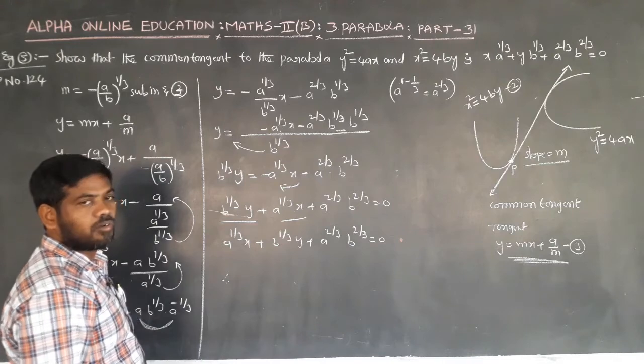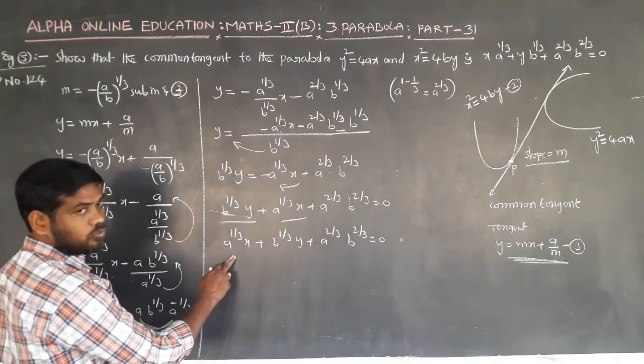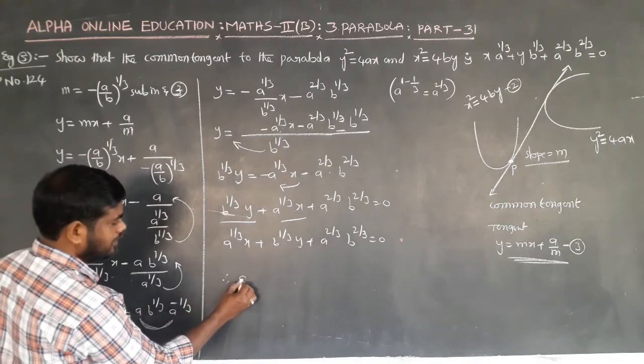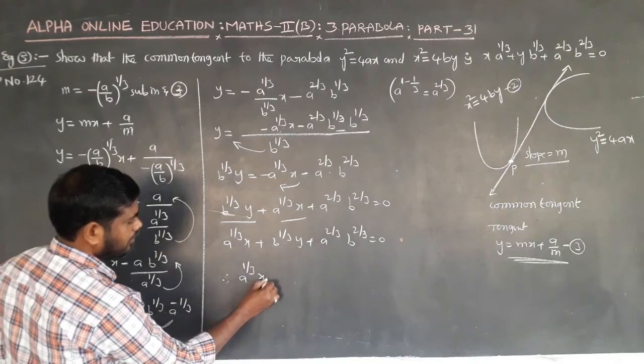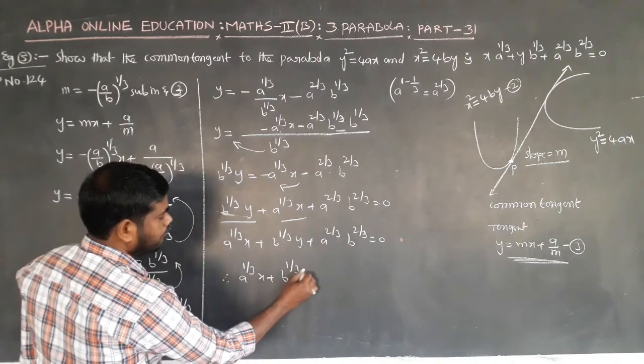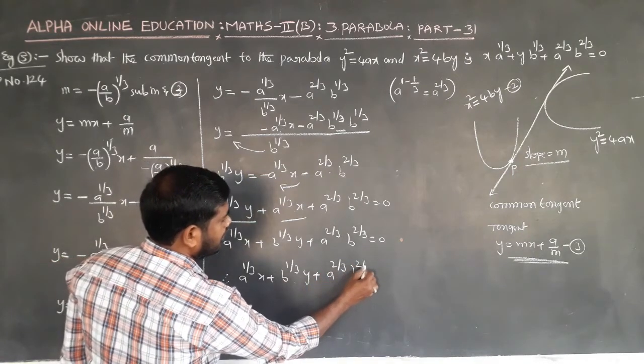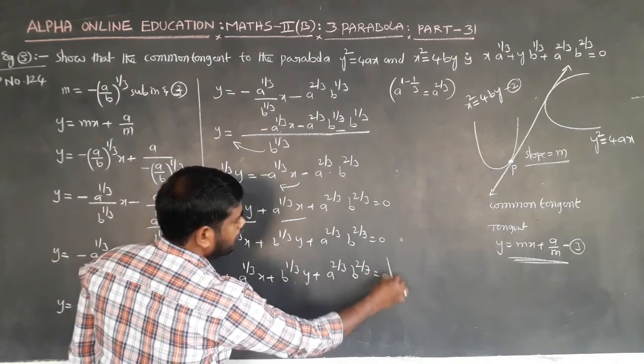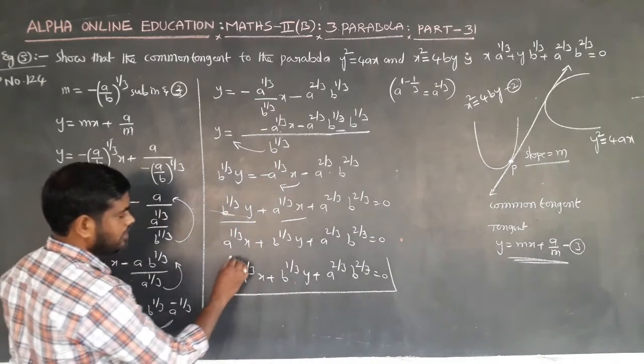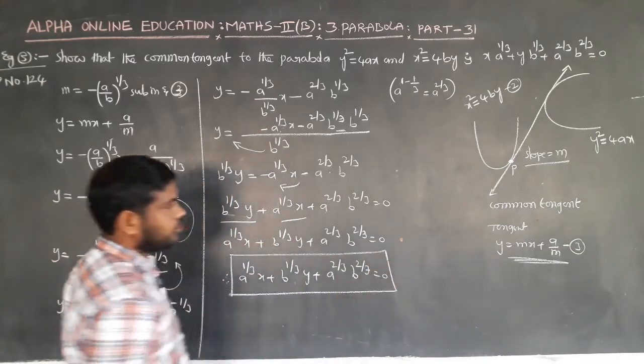y square is equal to 4ax and x square is equal to 4by is a power 1 by 3 x plus b power 1 by 3 y plus a power 2 by 3 into b power 2 by 3 is equal to 0.